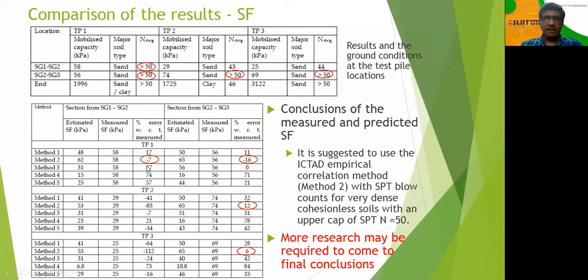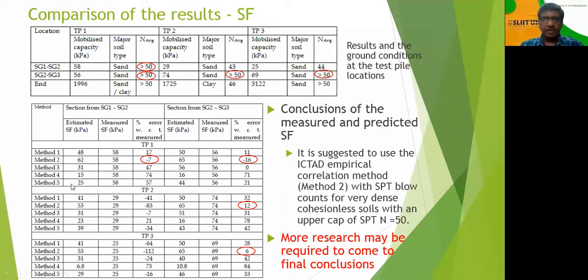In that case, what we can see is that method 2, which is the empirical correlation proposed by ICTAD, says SPT N value times 1.3 is the mobilized skin friction.